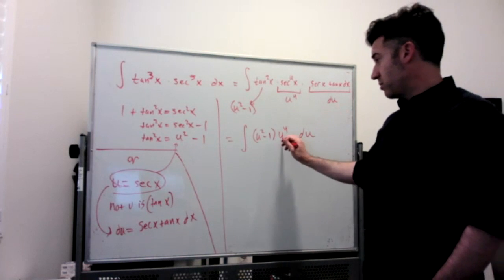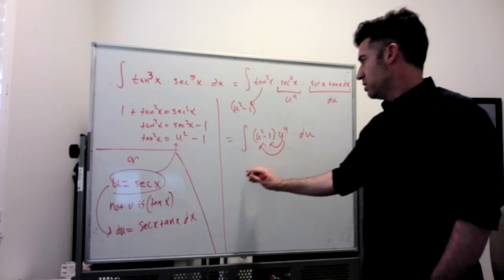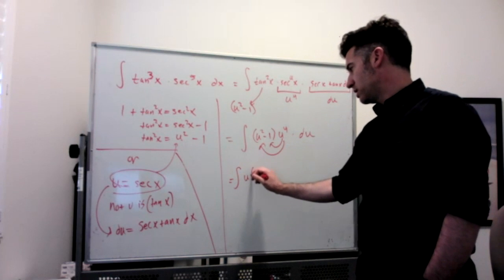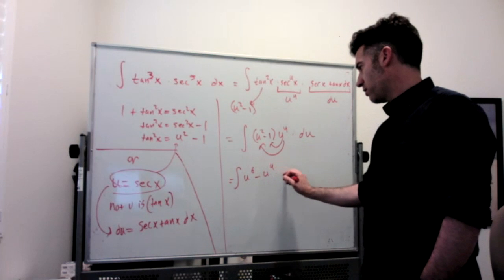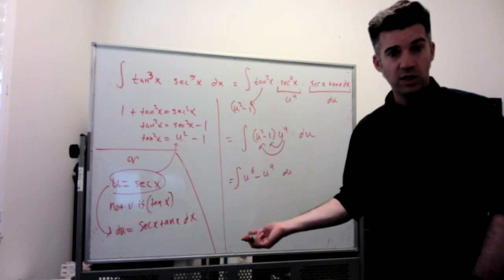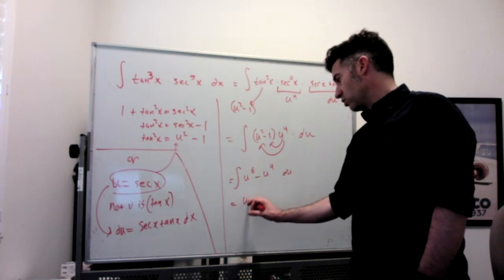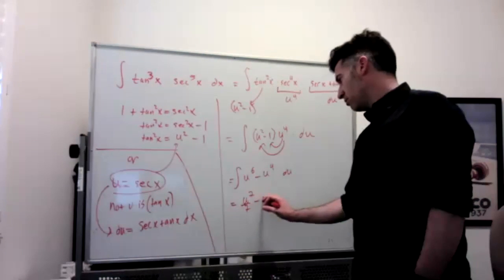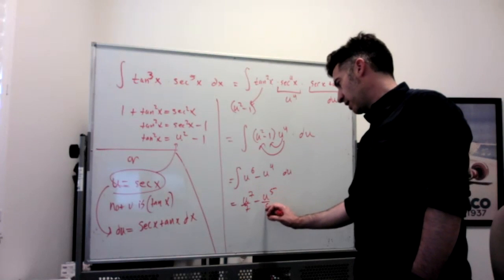And then we have to distribute. So the integral of u to the sixth minus u to the fourth. We integrate and get u to the seventh over 7 minus u to the fifth over 5.